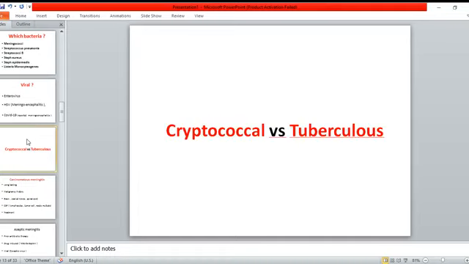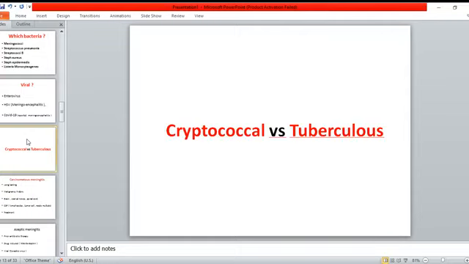The CSF is like TB: lymphocytic, elevated protein and low glucose. But the main clue for cryptococcal is a very high opening pressure, maybe with sixth nerve palsy.